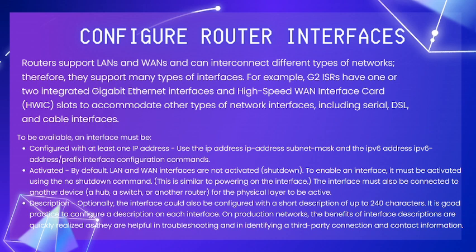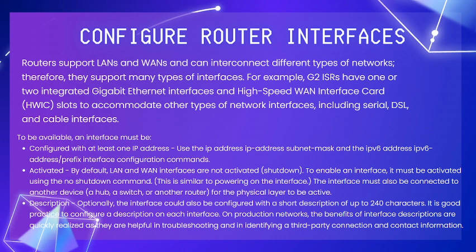So, configure router interfaces. Routers support LANs and WANs and can interconnect different types of networks. Therefore, they support many types of interfaces. For example, G2 ISRs have one or two integrated Gigabit Ethernet interfaces and high-speed WAN interface card slots to accommodate other types of network interfaces, including serial, DSL, and cable interfaces.